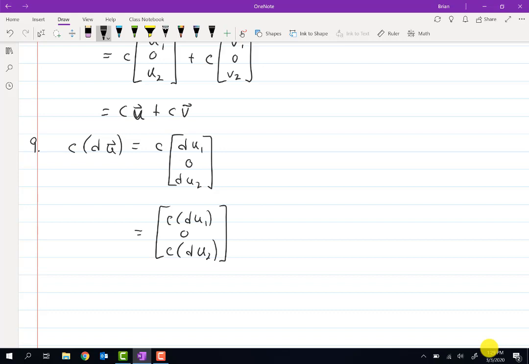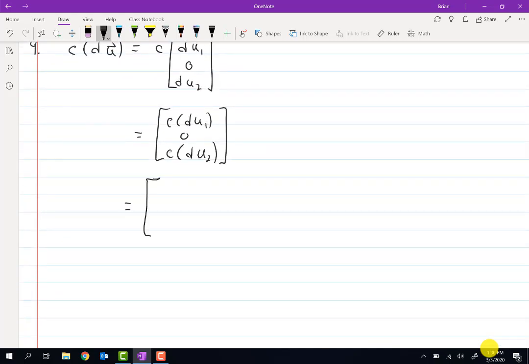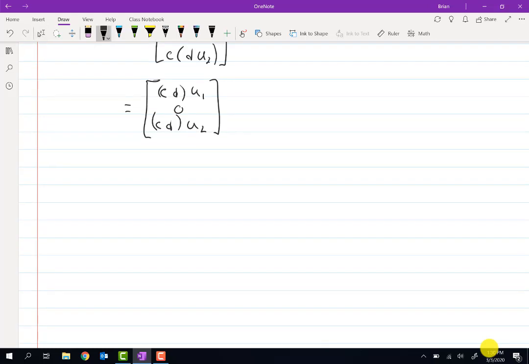And once again, we rely on the properties of the real numbers. The real numbers are associative under multiplication. So this is CD times U1, 0, CD times U2. And now I can factor out the CD. U1, 0, U2. And that shows that the associativity property is working.